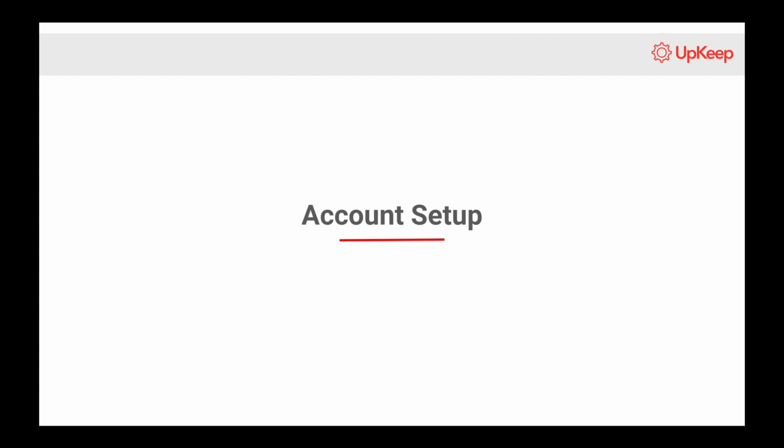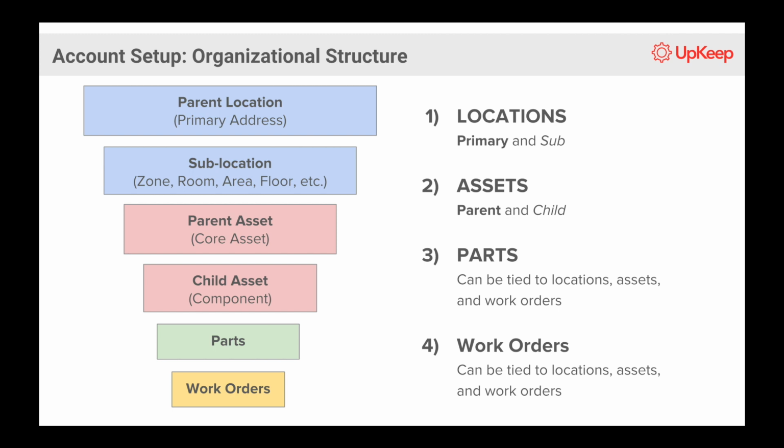All right. Now for this last part of the webinar, as promised, we're going to talk about account setup as well as the best practices around setting up your account. So one of the things to keep in mind, as we saw when we were briefly going through locations and assets within Upkeep, is that there are those two levels of hierarchy built into locations as well as built into our assets.